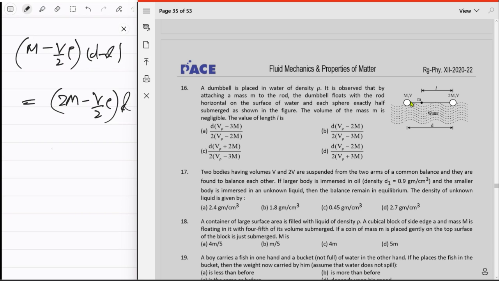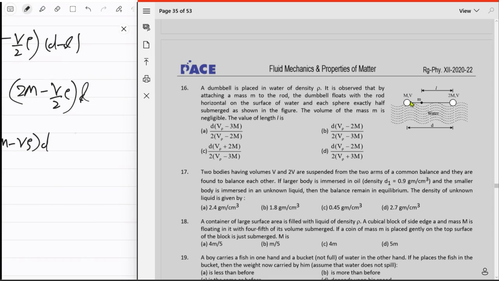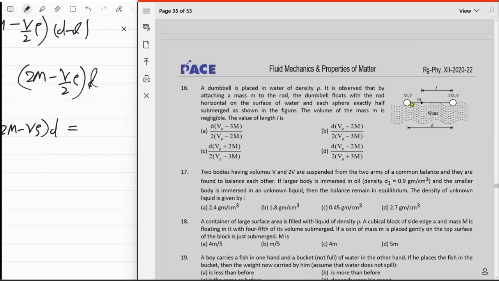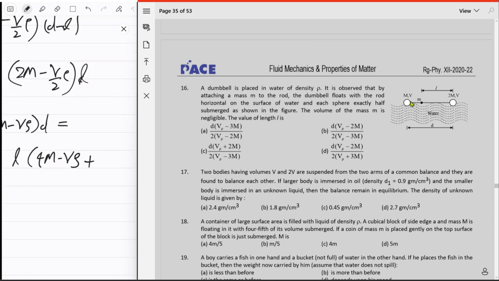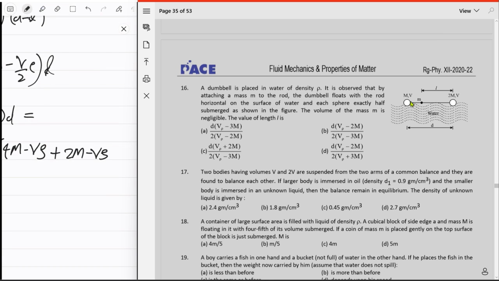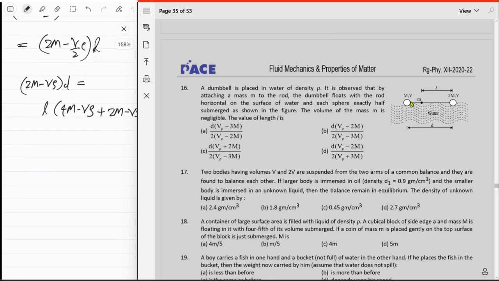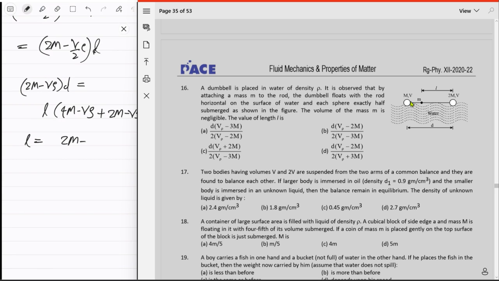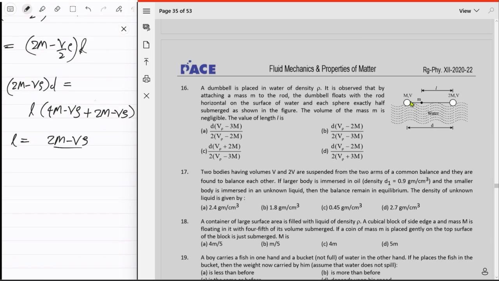So 2m minus V rho times d is equal to L times 4m minus V rho plus 2m minus V rho, right? That's our equation. So L is equal to 2m minus V rho upon 3m minus V rho, times d upon 2.